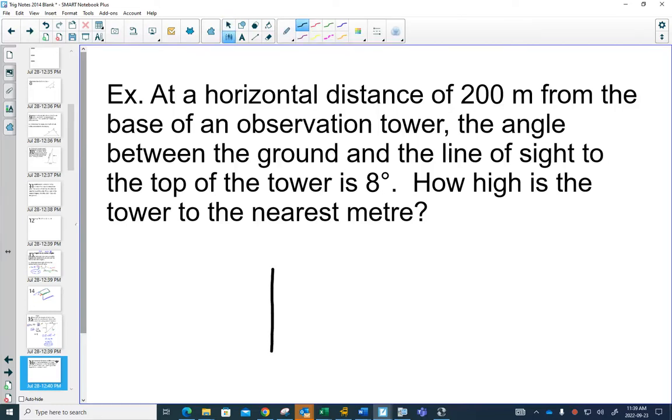Here's my tower. Oh yeah, use your art skills. Maybe I'll put a window up here. Somebody's hair coming out.